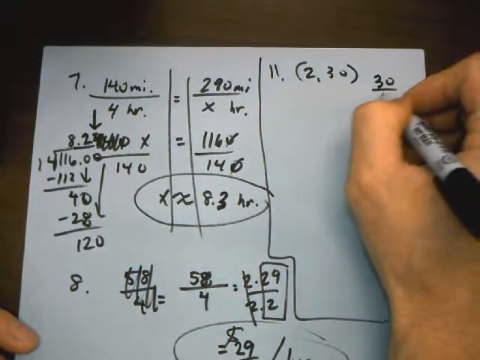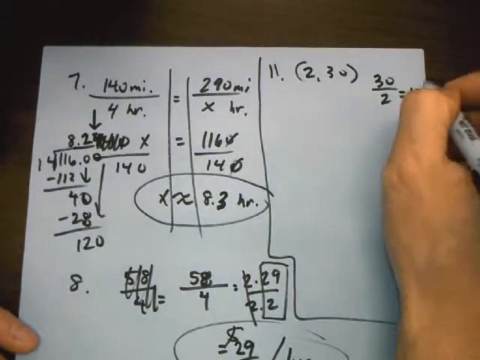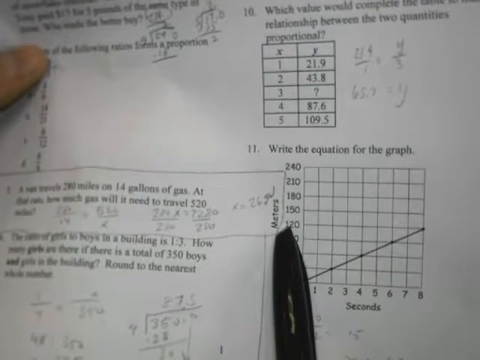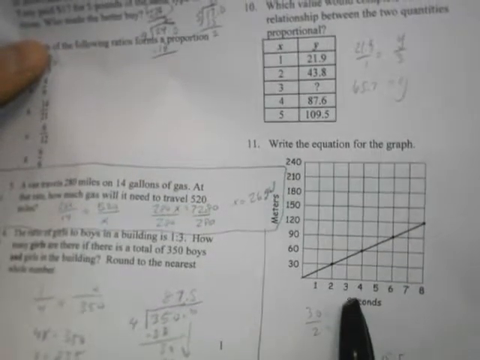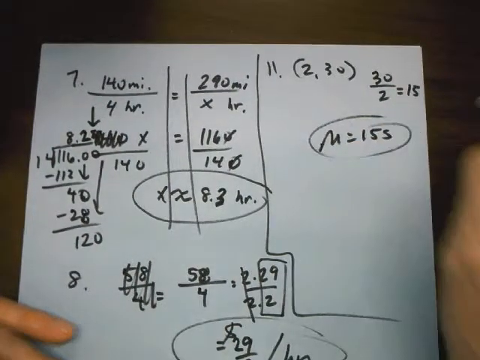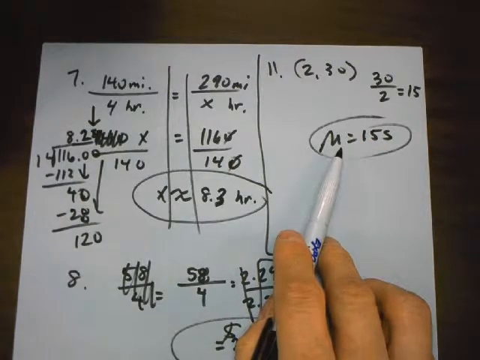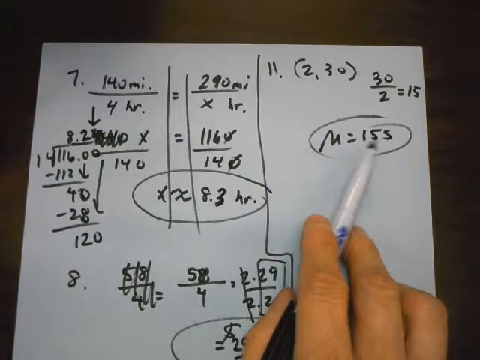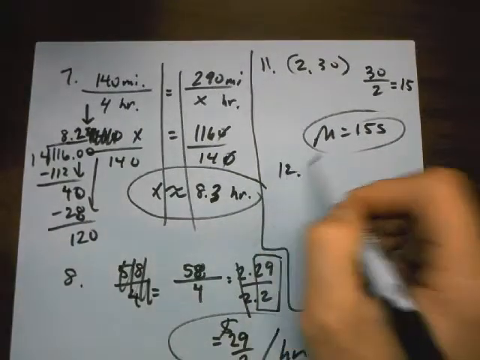I put y over x, rise over run, and that gives me 15. So since it's proportional, the vertical axis is m, horizontal axis is s, so I go m equals 15s. Done. Which means the meters of the distance equals 15 meters per second times each second.